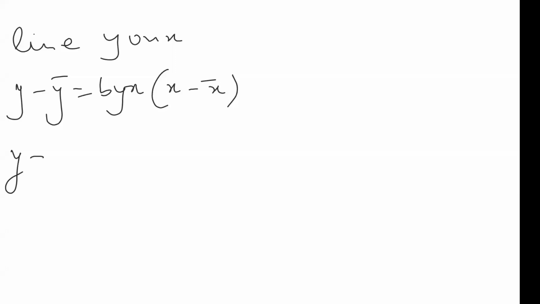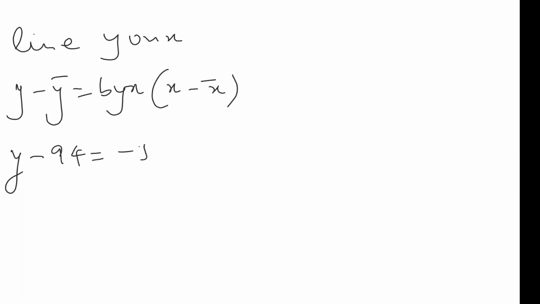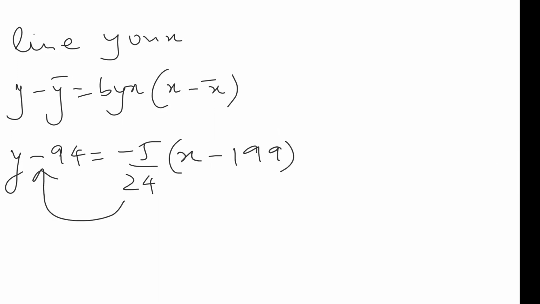Y minus y bar. Now y bar, I believe, is 94, and byx is equal to minus 5 by 24, times x minus x bar. What is x bar? X bar is equal to 199. So multiply by 24 over here. 24 into y is 24y, and 24 into 94.